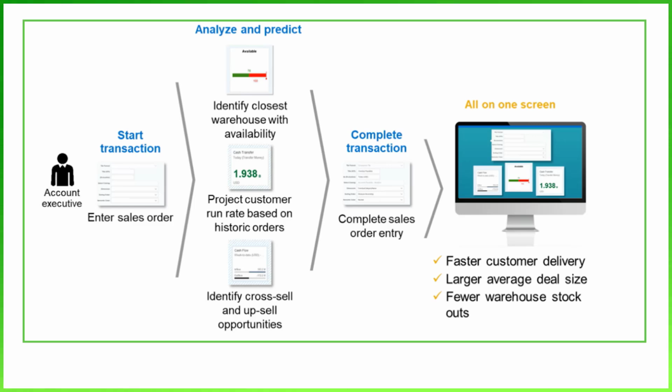And also you search for cross-sell or upsell opportunities using predictive analysis and include in the order as suggestions. And then you complete the transaction. So in this example transaction, you see there is no separation between transactional and analytics.